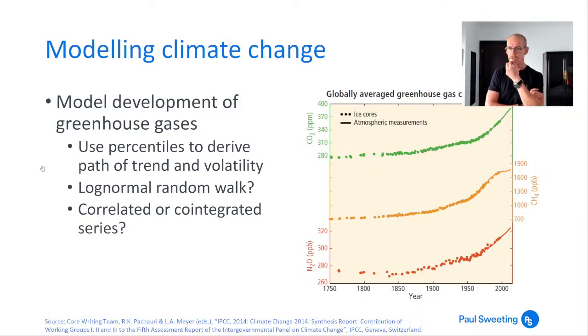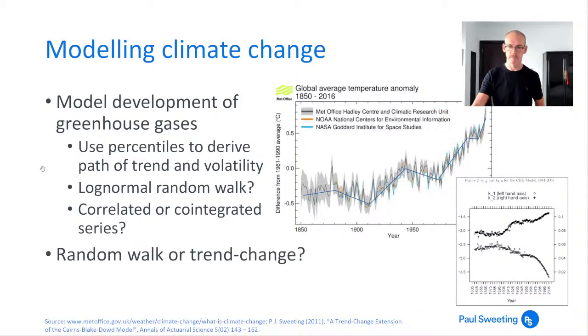For nitrous oxide, potentially you might have some co-integration there, which could come from the fact that CO2 concentrations are linked to population, and so is the use of fertiliser, but the link is more tenuous. Unfortunately, it's not the sort of decision you just have to take a view on. You can actually look at the data and perform some tests to see whether things are correlated or co-integrated. And that's certainly something which I would want to do.